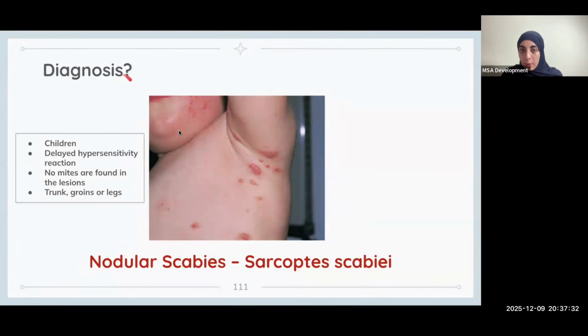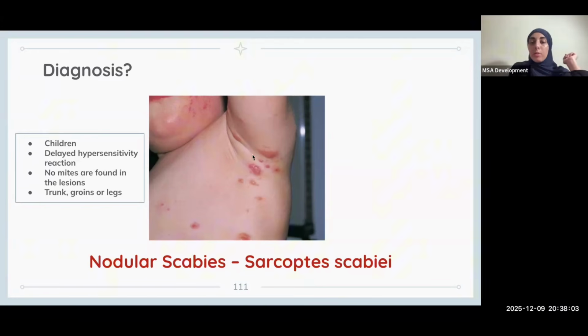So this kid probably has scabies, but the specific appearance, the nodular appearance on these specific areas, the trunk, the groin, the legs, which are not classically affected by scabies, is not the scabies itself. It's a reaction to having scabies. So this kid might have scabies on the hands, but the rash on the trunk is due to a reaction that this baby is forming to scabies.